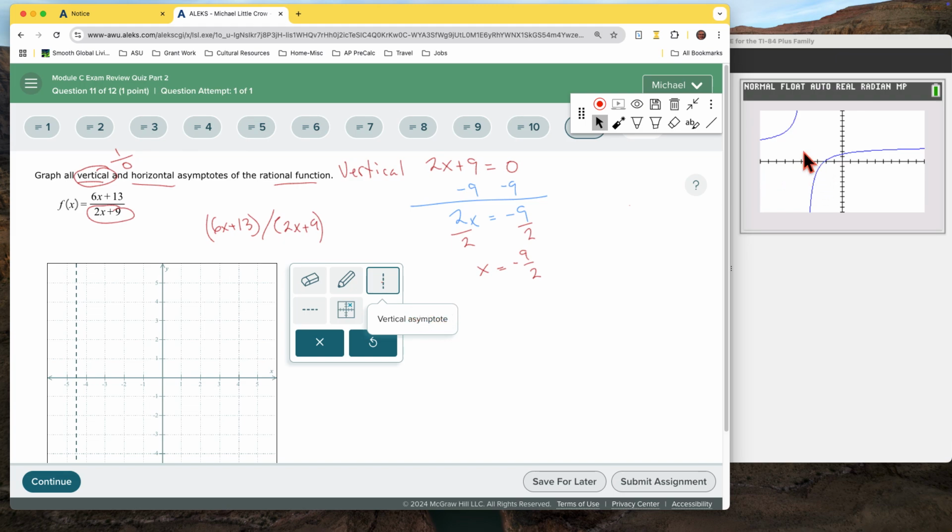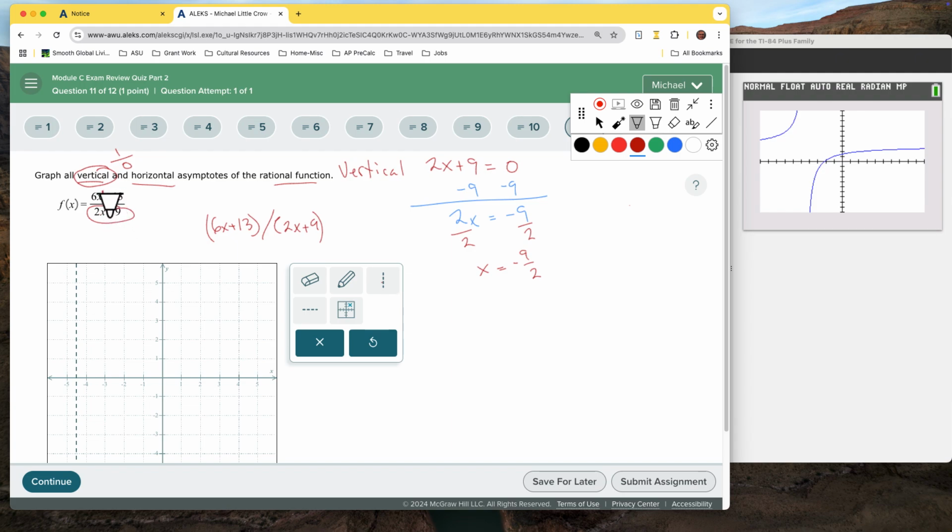And then you can see also a horizontal asymptote is going to occur somewhere in here. That looks like maybe about 3, maybe 3.5. I'm not quite sure. The way we're going to figure that out is, there's two things it could be. It's either going to be 0 or it's going to be the ratio of the coefficients. Now, the degree of a polynomial is the exponent on the x.